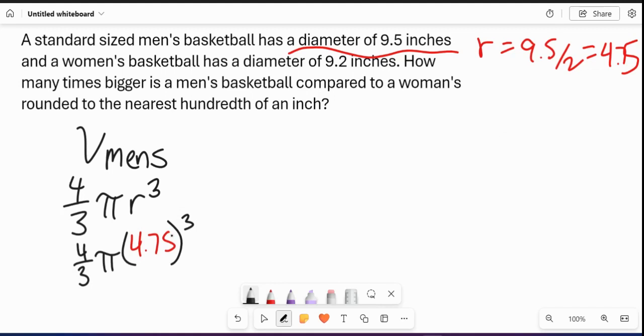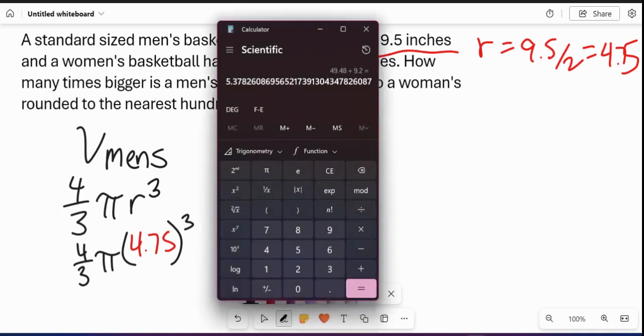You always have to do the exponent first. 4.75 cubed first. 4.75 to the third power times 4 divided by 3 times pi is 448.9205. So 448.92.